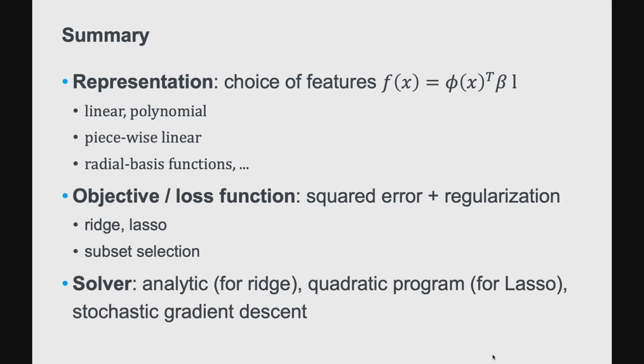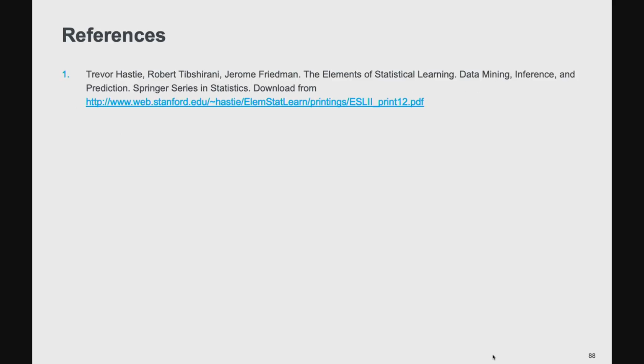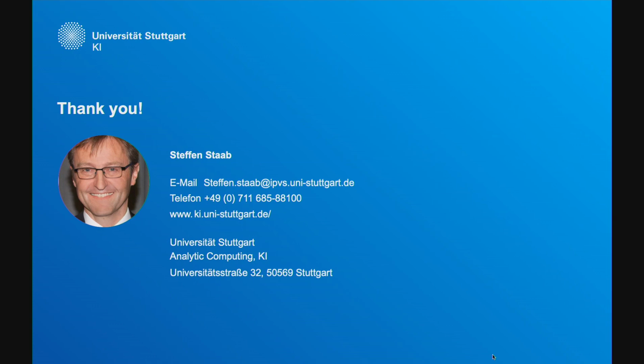And sometimes we can work analytically for ridge. These are always nice questions in an oral exam. Very often one will do stochastic gradient descent or quadratic programming for lasso. We don't talk about quadratic programming in this course, but we will talk about stochastic gradient descent. Okay, questions about linear regression at this point?